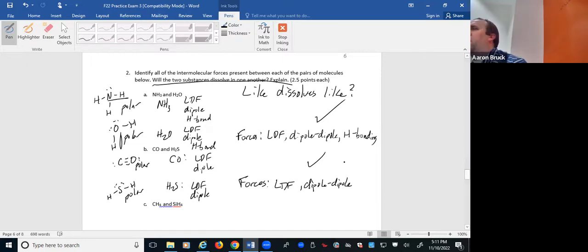Would we have hydrogen bonding between them? It's kind of a tricky question. Now, as far as the exam goes, I would not hold you to this. If you told me there was hydrogen bonding there, I'd ask you to explain it. But if you could, yeah, you're right. We could get hydrogen bonds to form between the oxygens in carbon monoxide and the hydrogens in H2S. Would they be as strong necessarily? They'd be different.